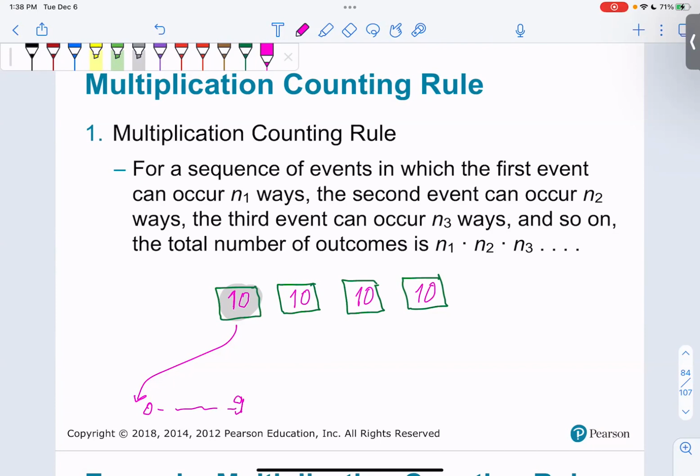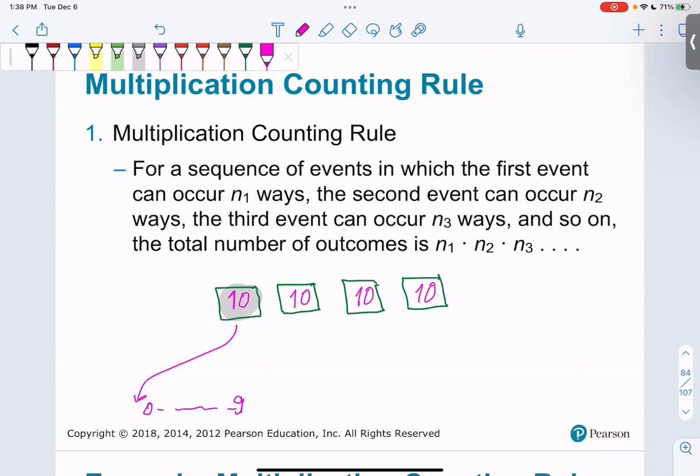So now if I ask you how many passcodes you can create with 4 digits, it will be how many? I was going to say 10,000 because 10 times 10 times 10 times 10. Yes, it will be 10,000, right?